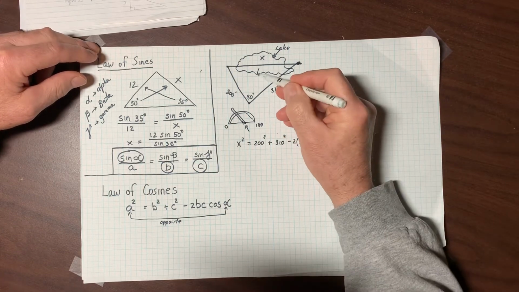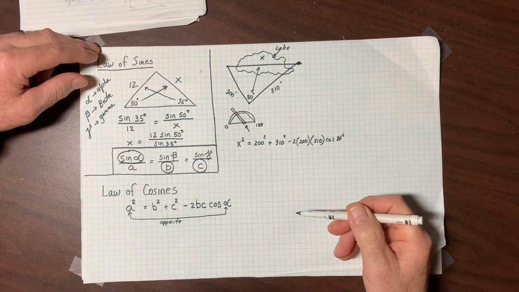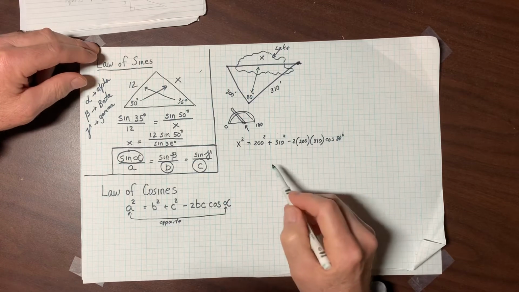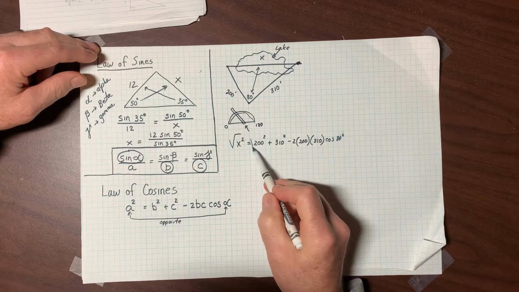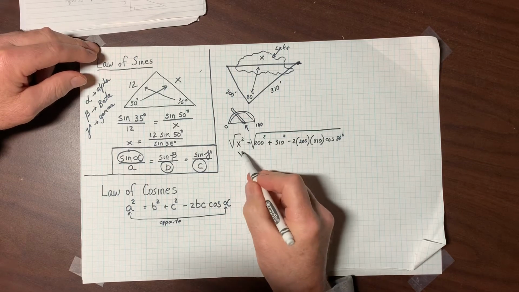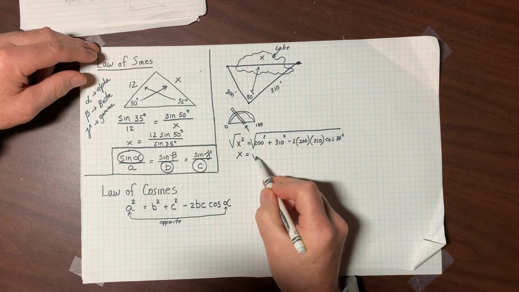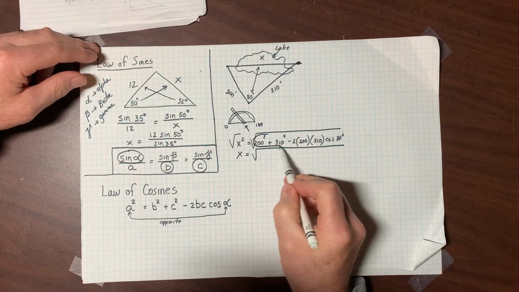This angle is opposite that side. Now, algebraically, you would take the square root of both sides. So x equals the square root of this expression.